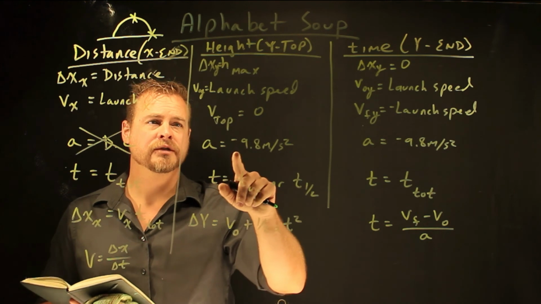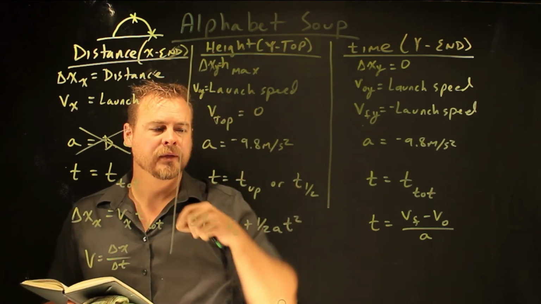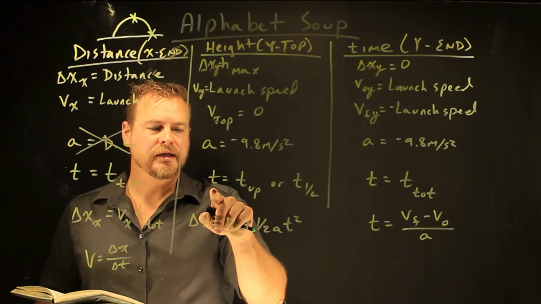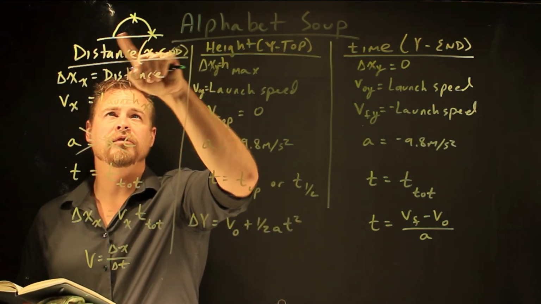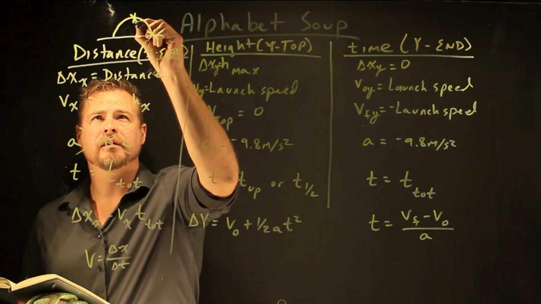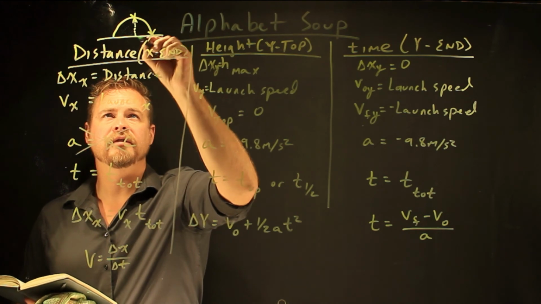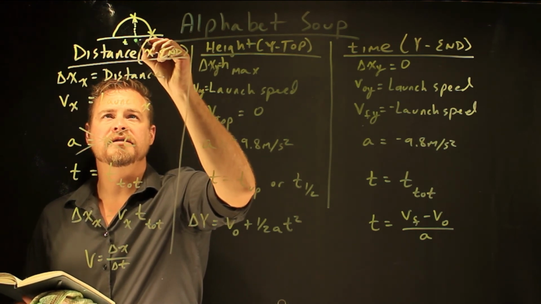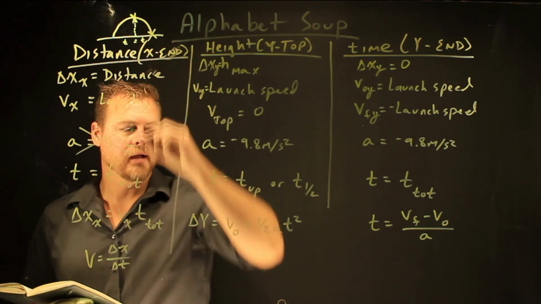If you do switch this, this is going to be your negative launch speed, right? And then T at the top is T up, or half of the total airtime. The area this thing is covering is the same here as it is here, and so the time increment is the same along the bottom. So that is half of the total time.